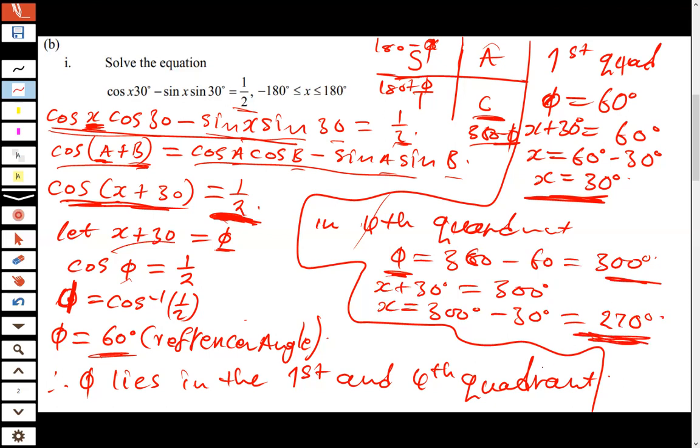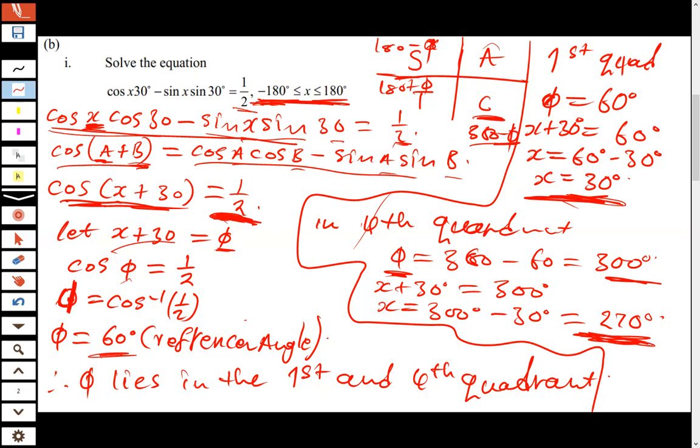So these are the two solutions that you've been asked to find. But when you look at the domain that we've been given there, this ranges from negative 180 to 180. So they are trying to tell us that the answer you are going to find should be from negative 180 to 180. So now, what does it mean?